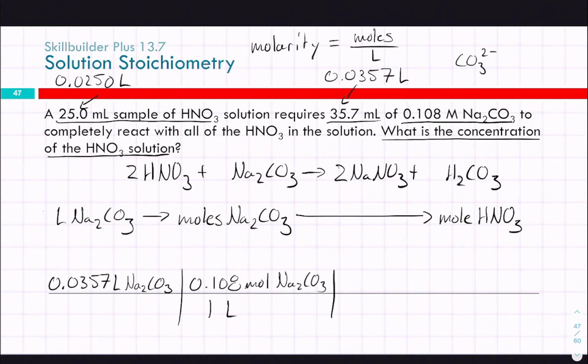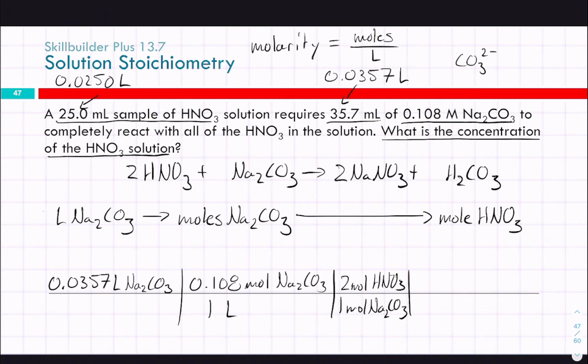And then what is our ratio between nitric acid and sodium carbonate? 2 to 1, right? 1 sodium carbonate, 2 nitric acid. So nitric acid is what we want, so that'll go on top. That's units of moles. And then 1 mole Na2CO3. And that will calculate for us moles of nitric acid.